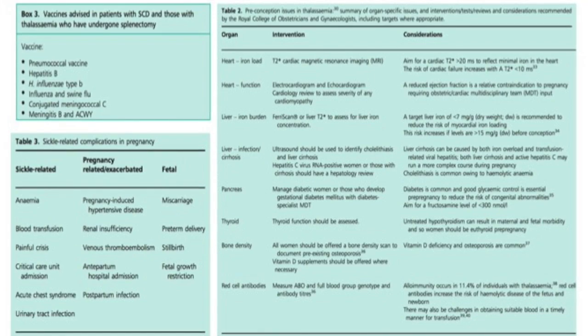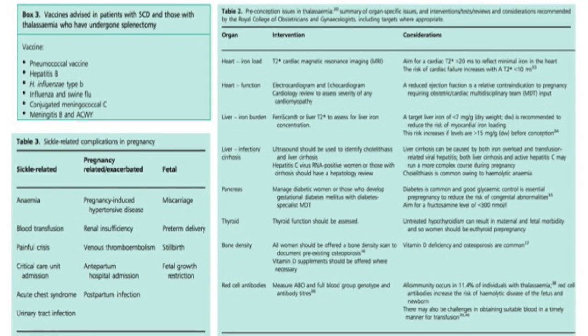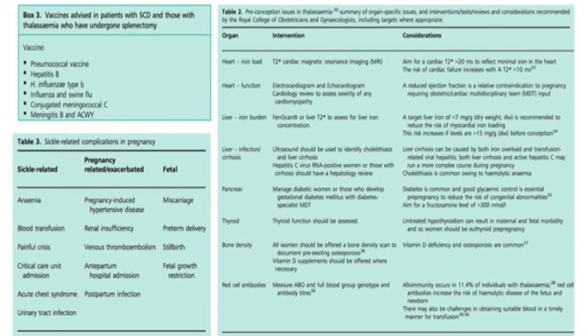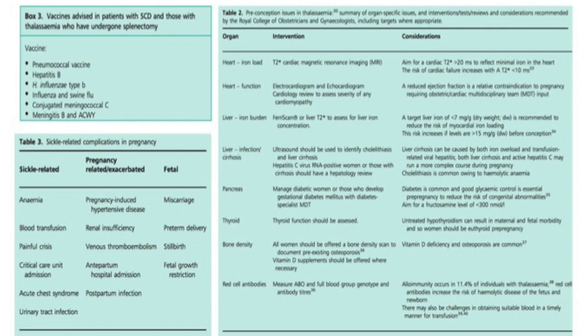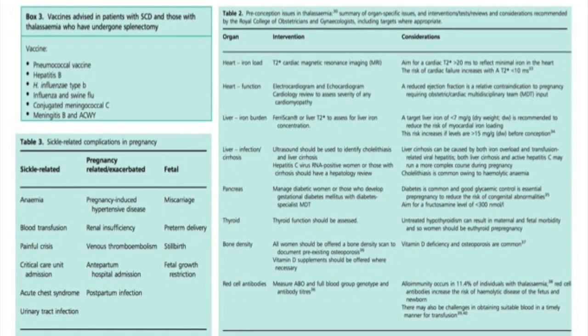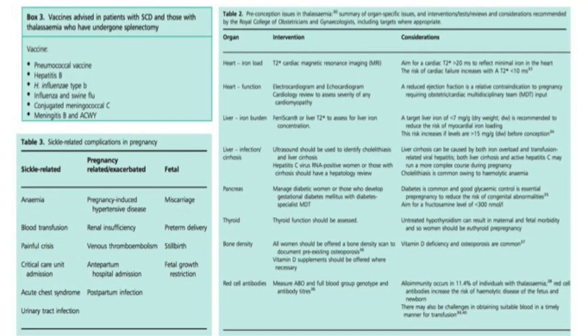Liver iron burden. Ferriscan or liver T2 scan to assess for liver iron concentration. A target liver iron of less than 7 milligrams per gram is recommended to reduce the risk of myocardial iron loading. This risk increases if levels are greater than 15 milligrams per gram before conception. Liver infection and cirrhosis.